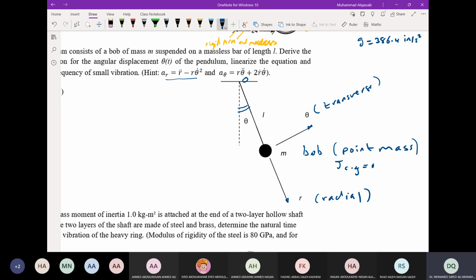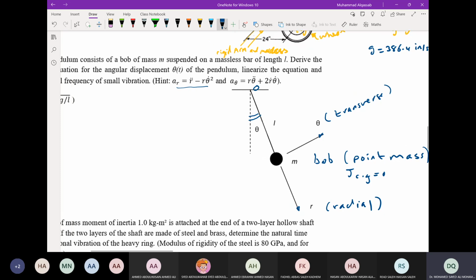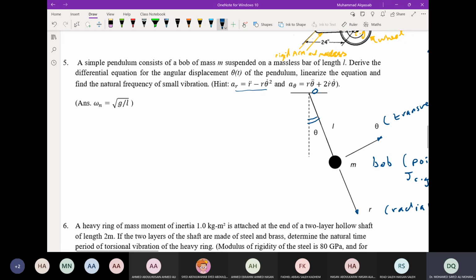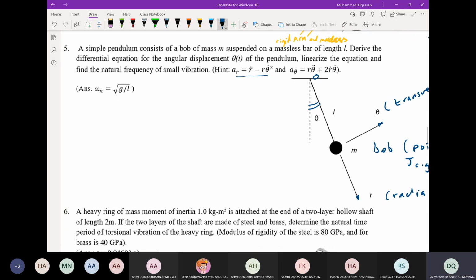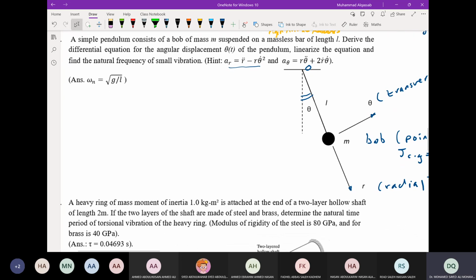There are two different ways of solving this equation. You can use sum of forces in the r direction and theta direction. The question is to find the natural frequency for small oscillations. It would be a nonlinear equation, and you can linearize it.